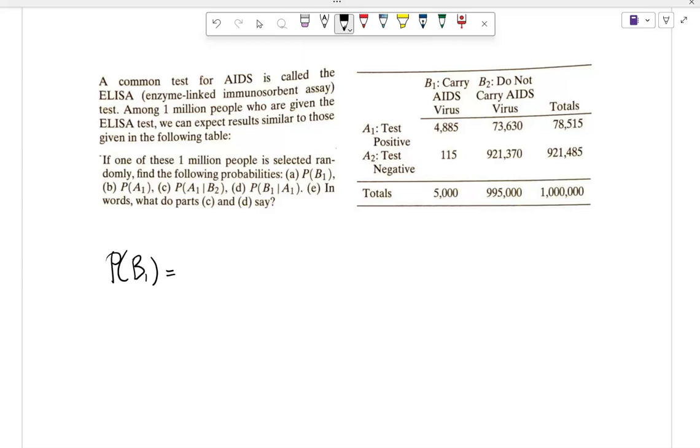Out of how many total? A million, right? Okay, so it'd have 5,000 over a million. Whatever that simplifies to, don't really care about simplifying it at this point. But that's just a straightforward total number that are in the event, the number that are in B1. And that was why we looked at the total down here, right? Not the individual pieces, the whole thing for B1, and then the total overall that were actually tested.